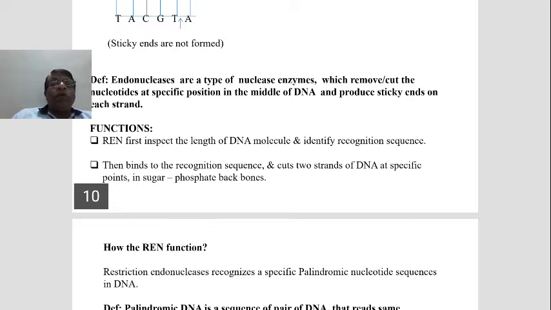These enzymes are called restriction endonucleases because they cut the DNA molecule at specific or particular points.